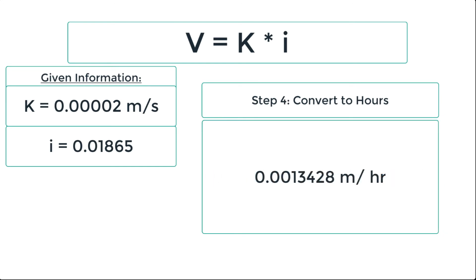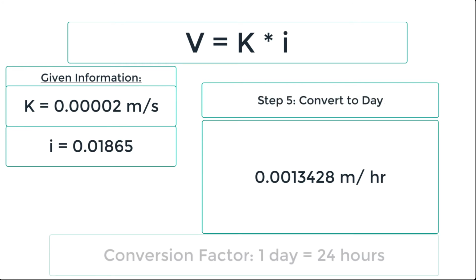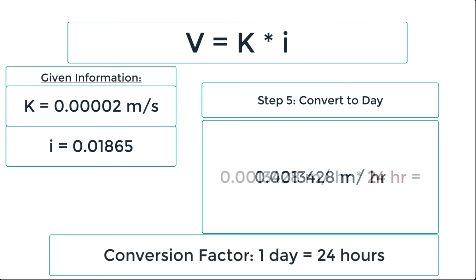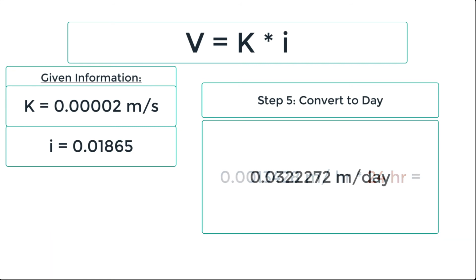The next step is to convert from hours to days. And so there are 24 hours in one day, so we simply multiply our answer that is in meters per hour by 24 hours. This will tell us how fast the groundwater is moving in meters every day.